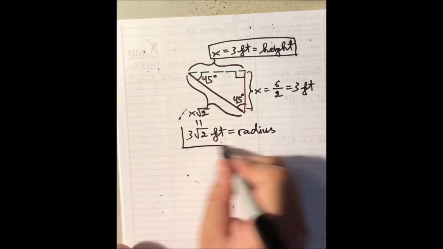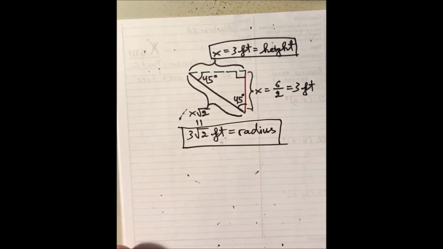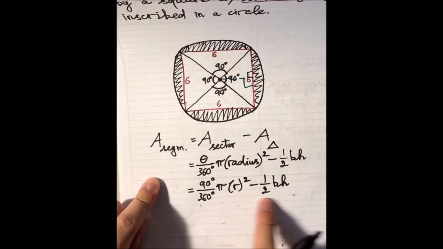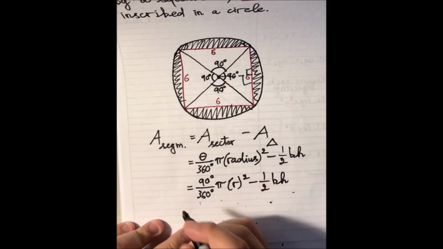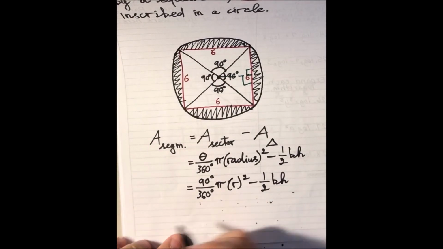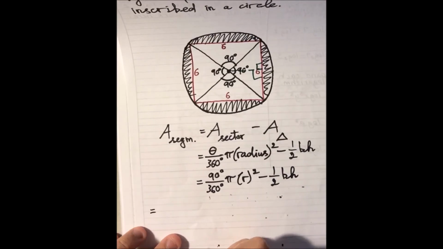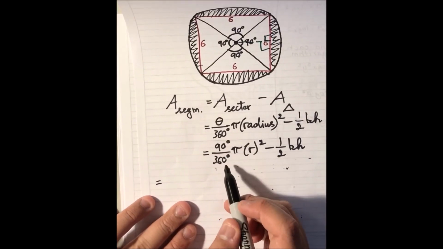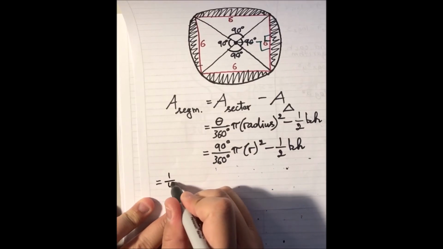Guess what? We have the base of the entire triangle, which is 6 feet. Now we know the radius and we know the height. All we have to do is replace all of the unknowns with their respective values. So this is going to be what? I'm going to write it over here, make it easier to see. So this is going to be, let's see, 90 over 360 is going to give us 1 over 4.